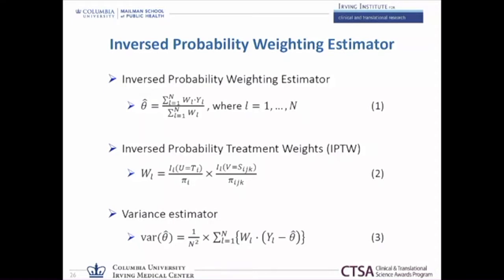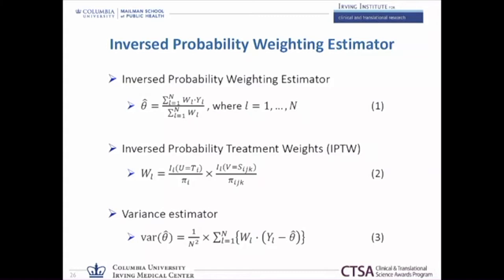Here, W is the inverse probability treatment weight assigned to each patient following a complete SMART trial. And Yl is the primary outcome observed in patient l. l is the index of each subject who completes the SMART trial, with values 1 to n. n is the total number of patients who complete the trial. To build the inverse probability treatment weights, for those patients who follow a sequence not belonging to the adaptive intervention of interest, we simply give the patient a weight of 0.